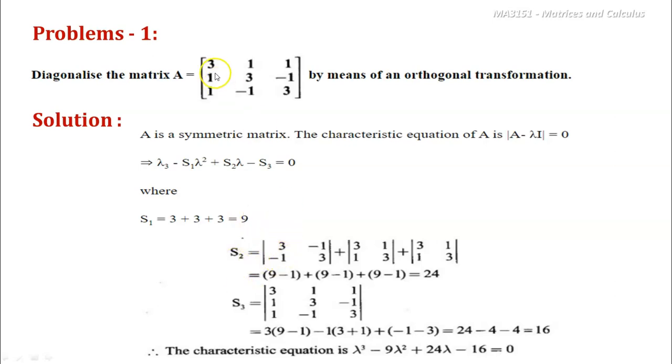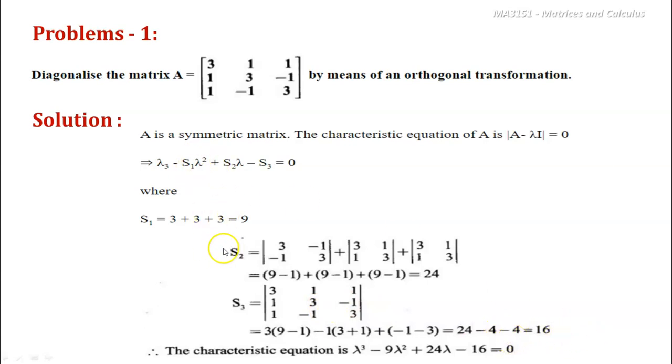S2 formula, sum of the minors of the diagonal, the answer is 24. S3 formula, determinant of A. Finding the determinant of the given matrix A, we get 16.